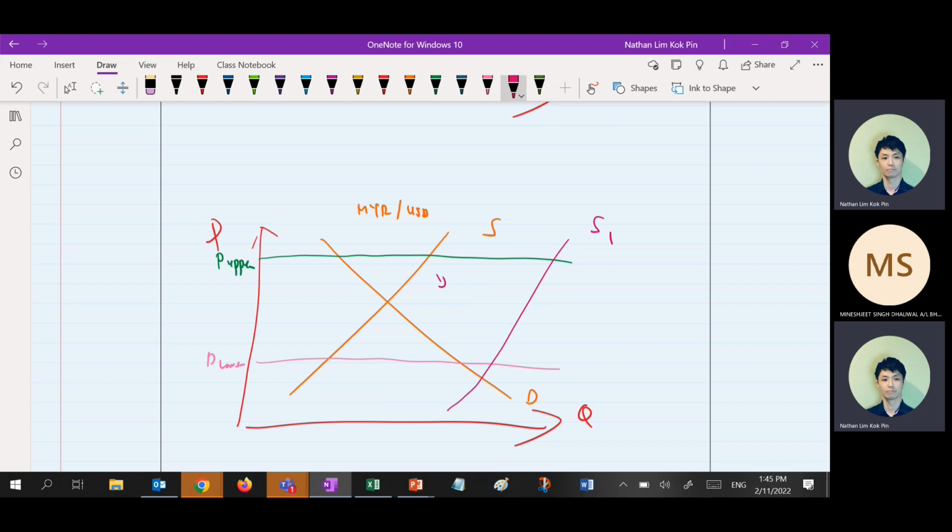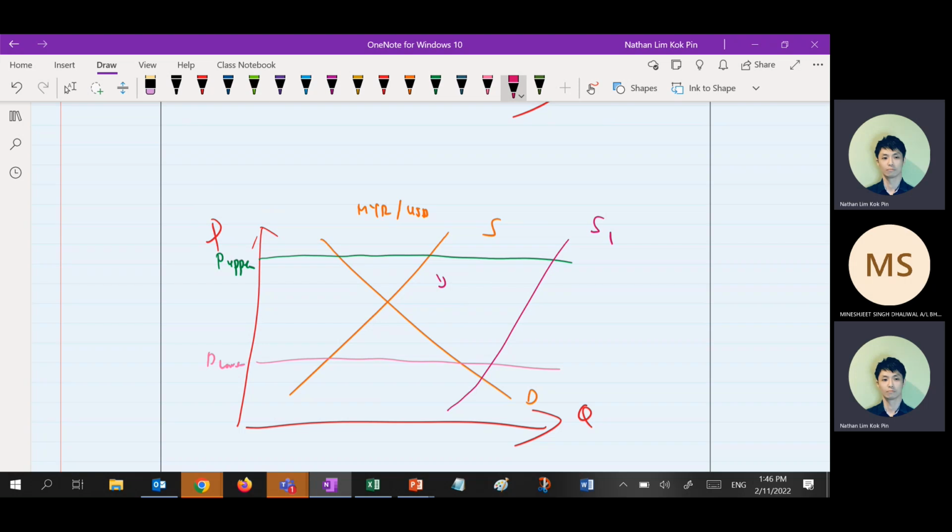The manual axis, you want to write the MYR USD here, price of something, then quantity of something. It's also okay. Normally, I like efficiency, so I will try to simplify all the letters and symbols, as accurate but also not complicated as possible.